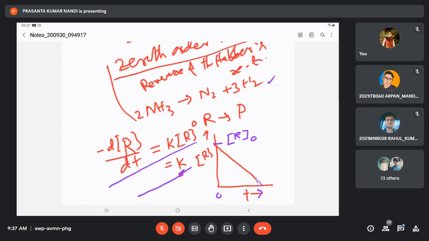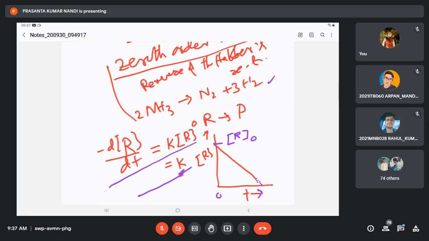The reactant concentration, that is initial reactant concentration R0, will gradually decrease as you increase the time. And ultimately, it would tend to 0.